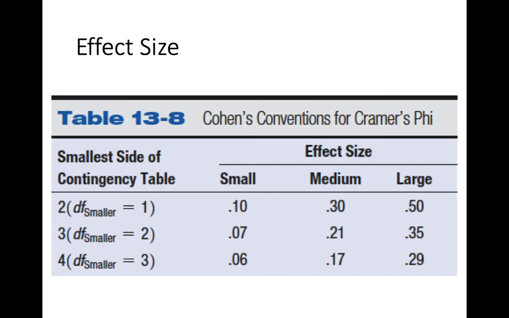So that's an overview of both the chi-square test for goodness of fit and the chi-square test for independence. Some review of the calculations on the homework assignment, as well as some general review of the logic of both tests and an overview of applying the steps of hypothesis testing.